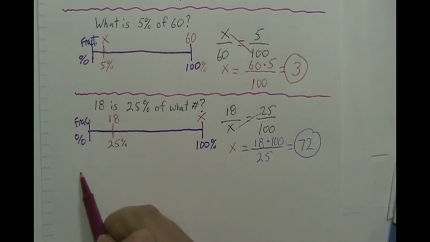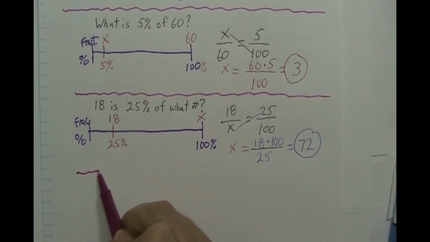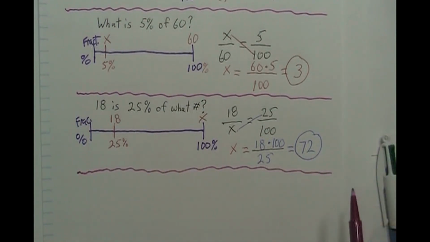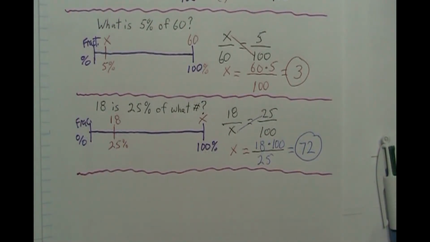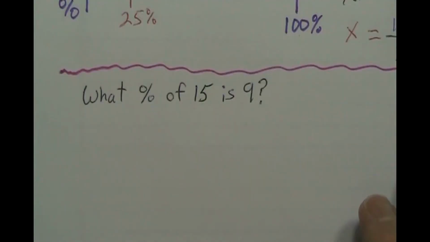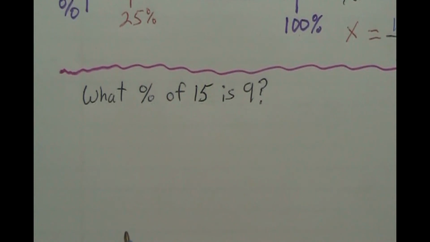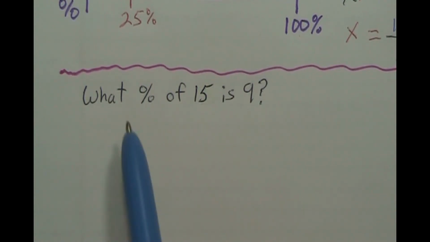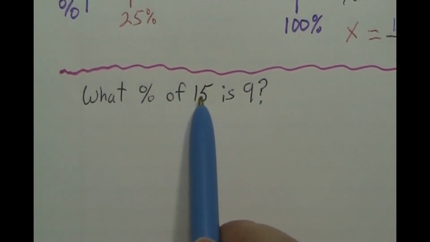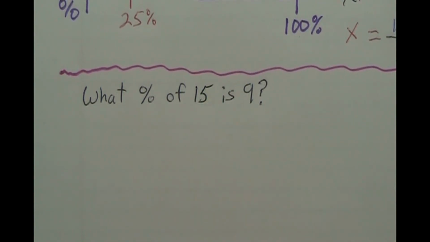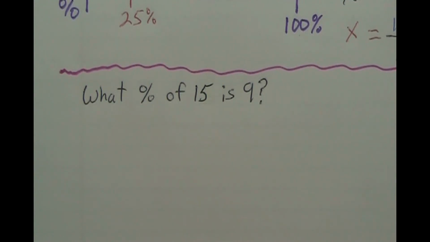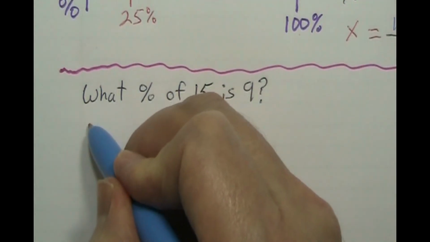So let's just separate this a little bit. Okay, this is our last example for reference. The question is, what percent of 15 is 9? Now, to maybe help you, and you can do this with other problems also, I'm going to rewrite this.